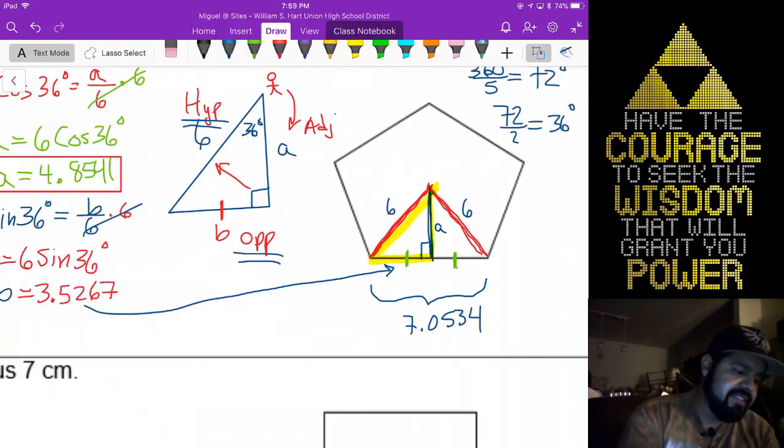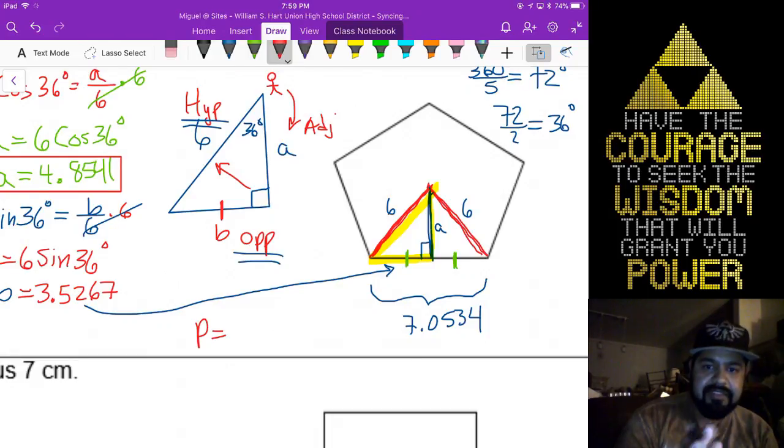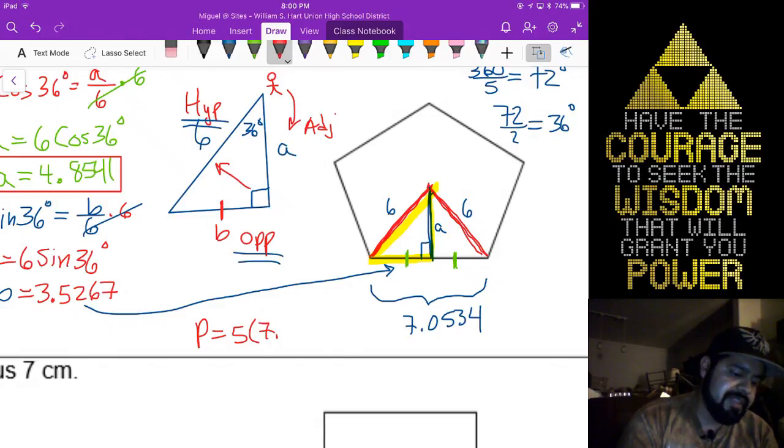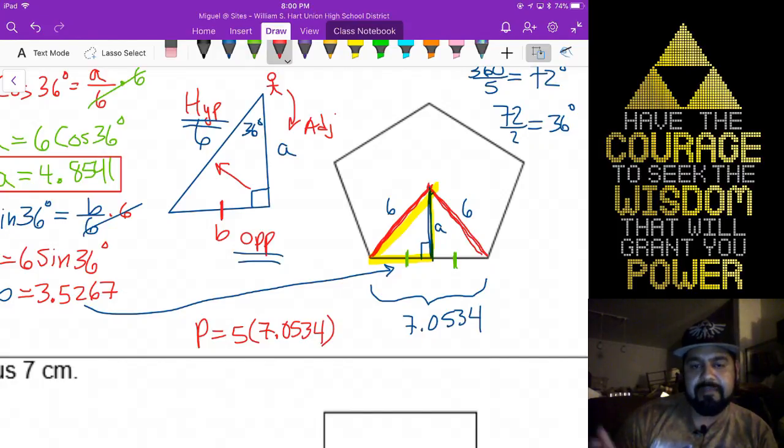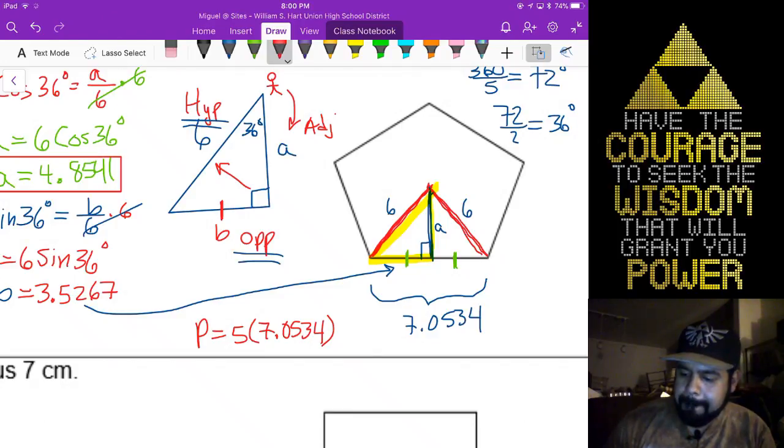So back to this, my perimeter is going to be the length of my side times the number of sides that I have. So I have 5 sides times my 7.0534. And again, if you still have that number in your calculator, just type in times 5.